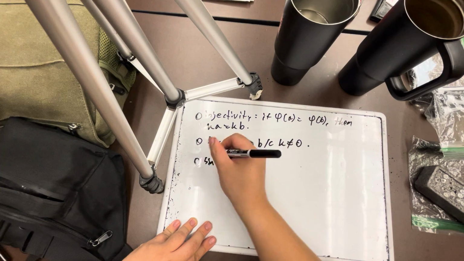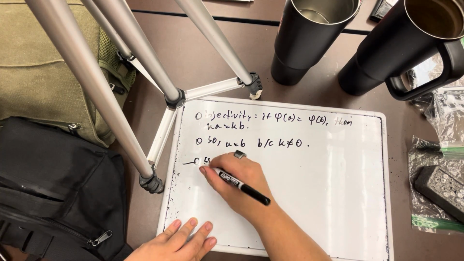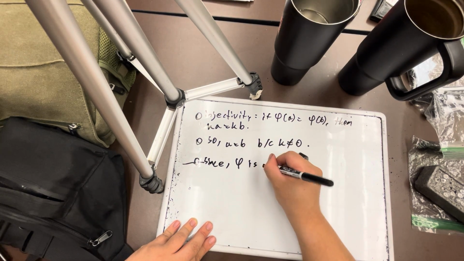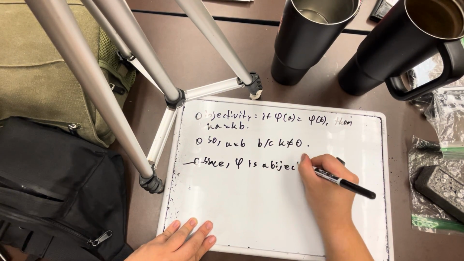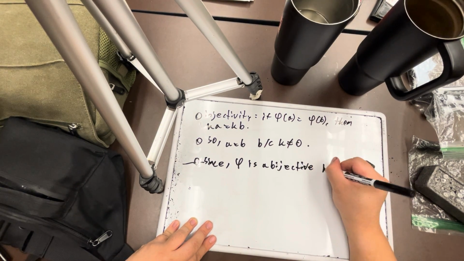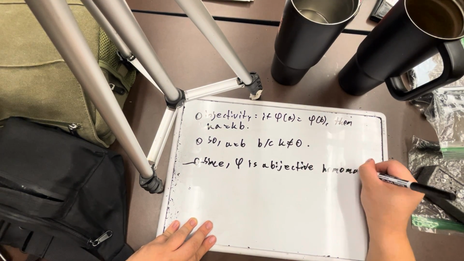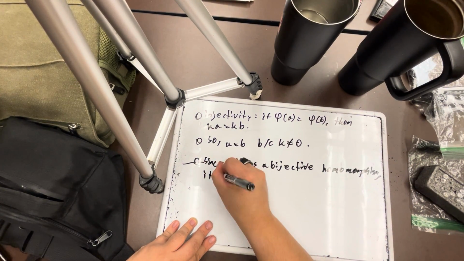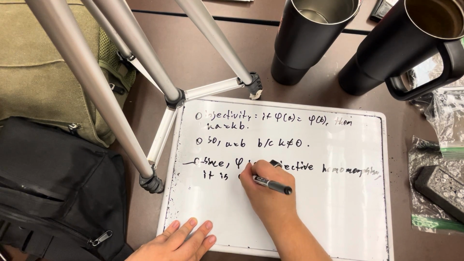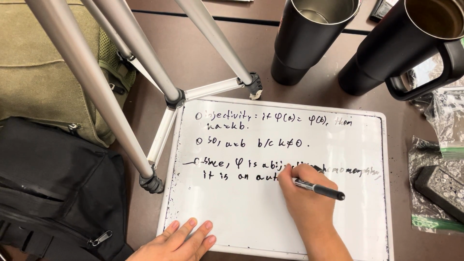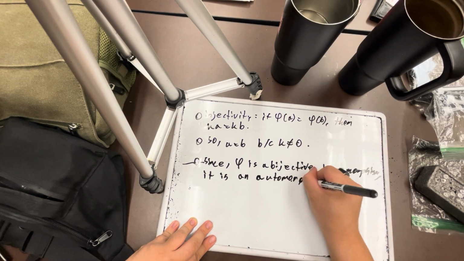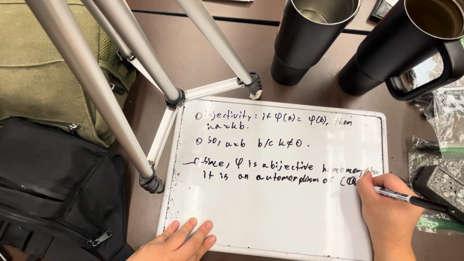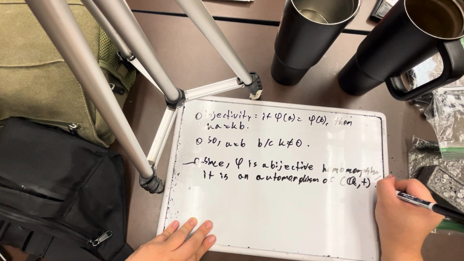Since phi is a bijective homomorphism, because we established surjectivity and injectivity, and it maps to itself, it is an automorphism of the additive group Q, addition over the rationals.